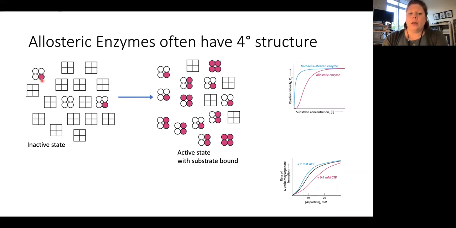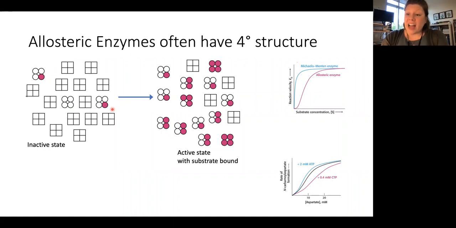Okay. So on the left here, we've got very low substrate concentrations. And what that means is most of the enzymes are in the inactive state. There are some that are in the active state. And some of those in the active state have even bound a substrate molecule.